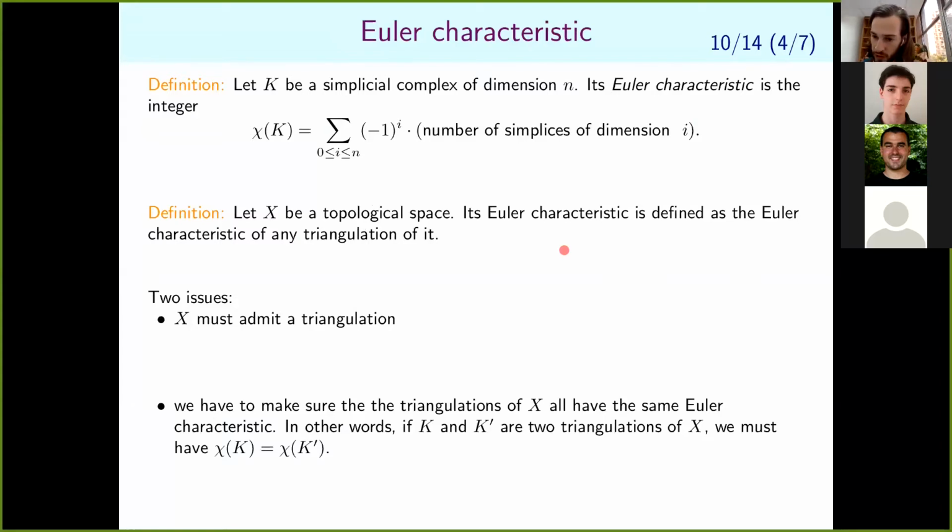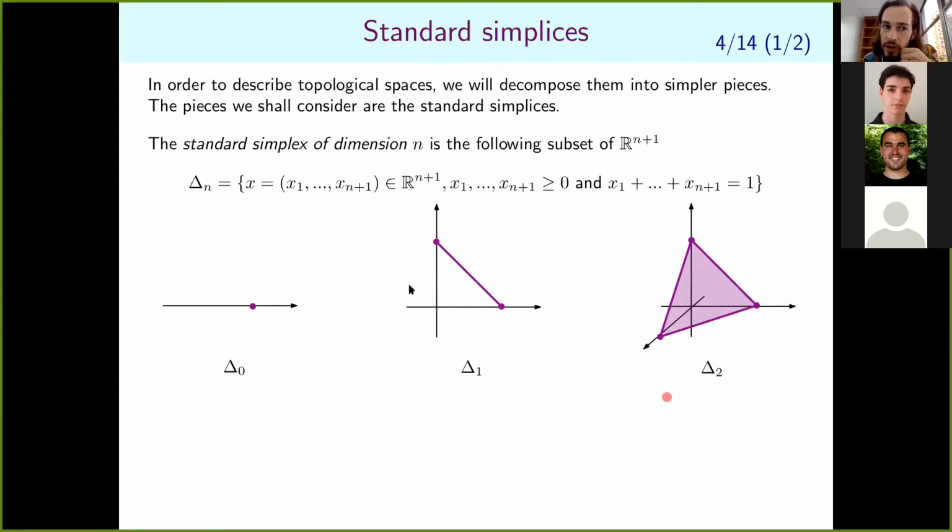I have a question from Lucas. In order to fix my ideas, could you draw the topological realization for n equals 2? The topological realization of what? Of the simplicial complex? Oh, of the standard simplex? It is here.